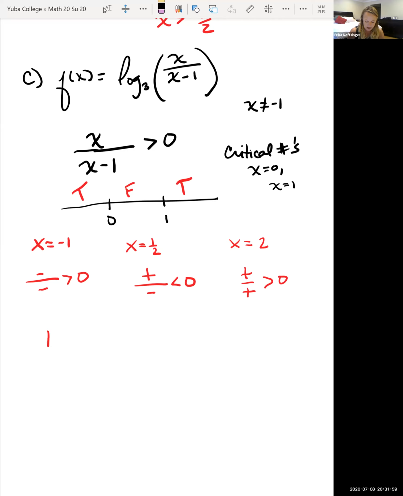So our domain, we could use any value of x from -infinity to 0, not including 0 because it's strictly greater, union from 1, not including 1, to infinity.